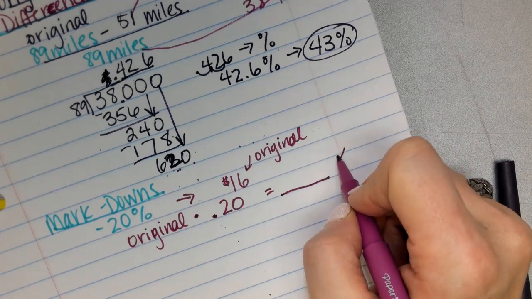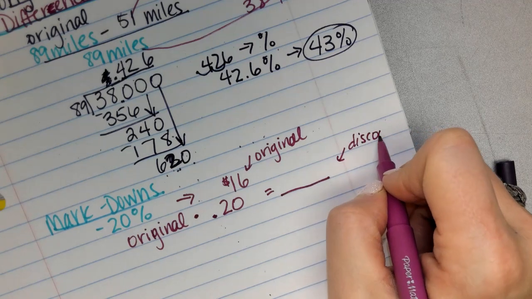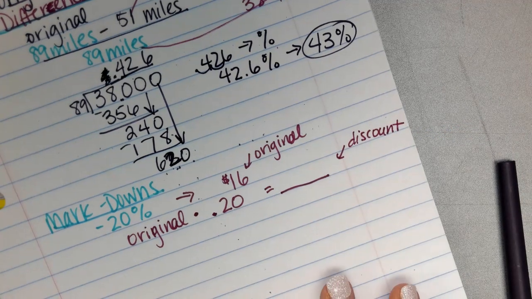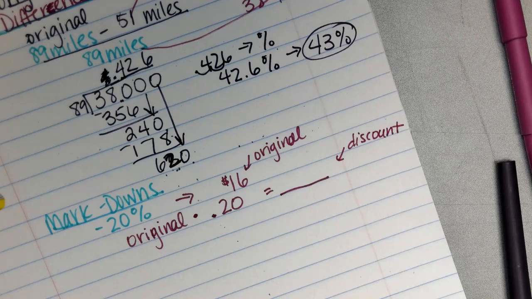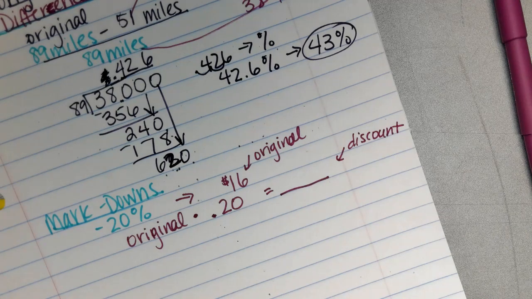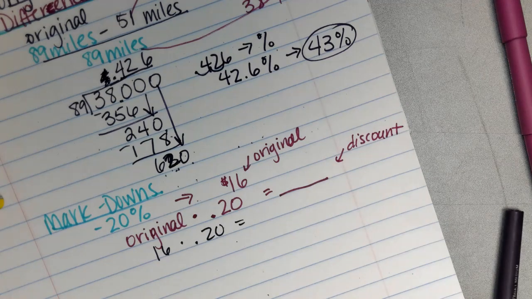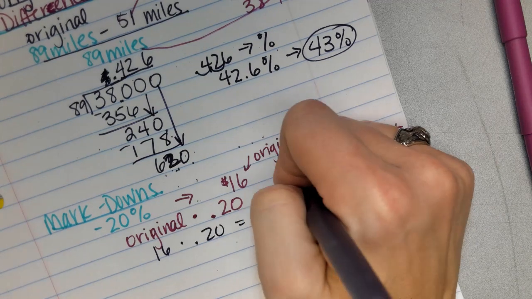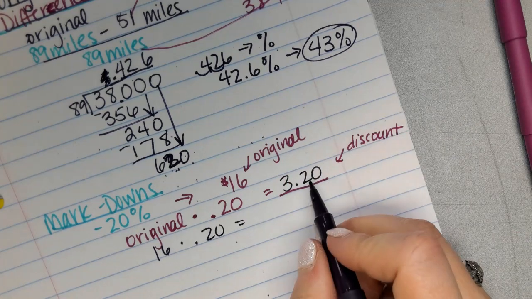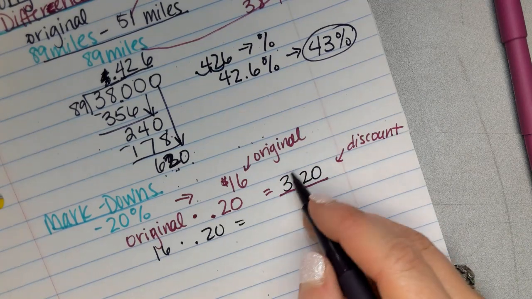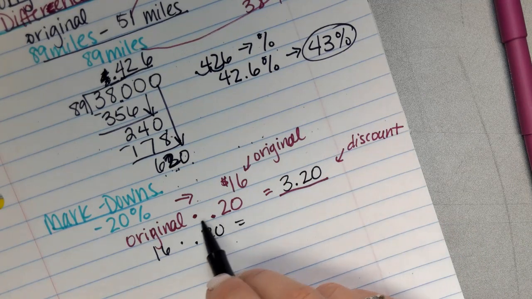That's the discount. That's not the full discounted price. So let's figure out what that would be. We have 16 times 0.20. That's going to give us $3.20. That's the markdown. That's the discount you're going to get off of the 16.